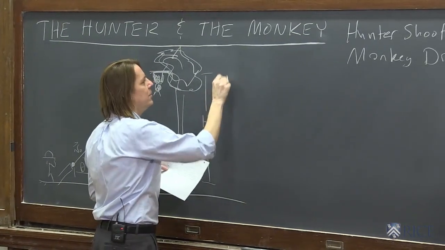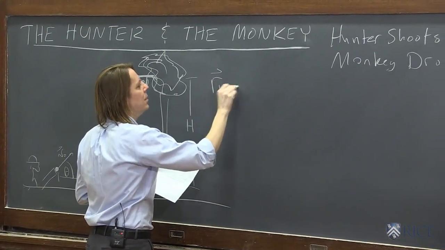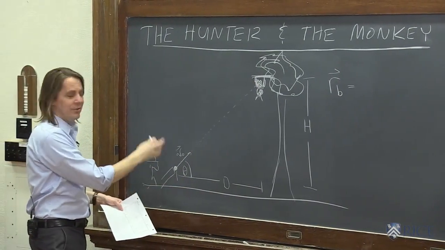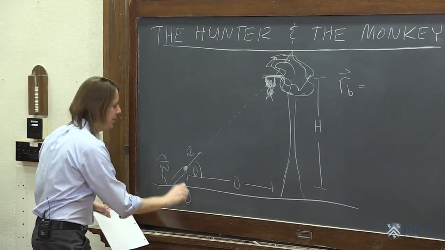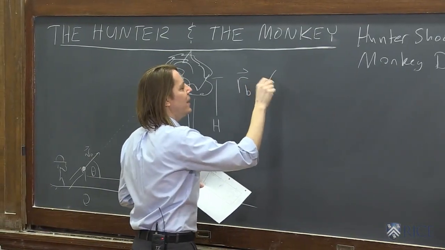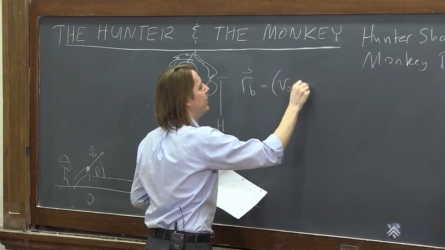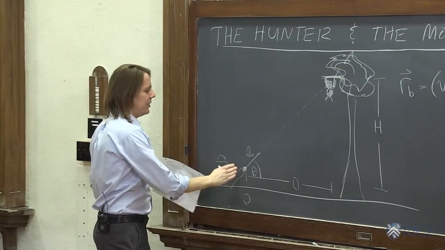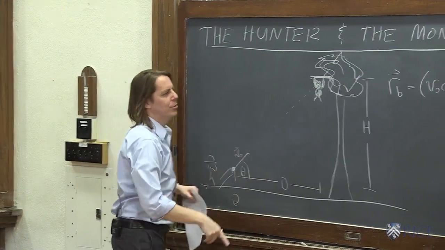So let's do that. So here is the position vector, R_B, of the bullet. Its x component, it has no initial x position. We'll assume that this is the origin. Say that's the origin down there. So 0 position, it has an initial x velocity, v naught cosine theta, times time. All right, so it starts out at 0. V naught cosine theta is the horizontal component times time.